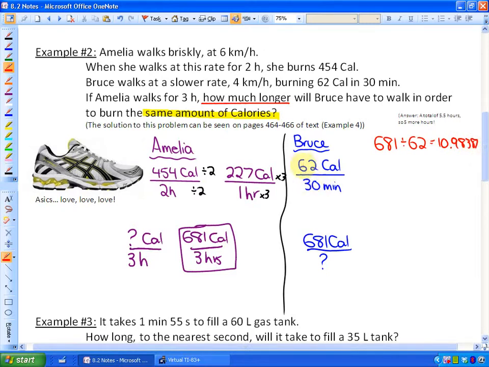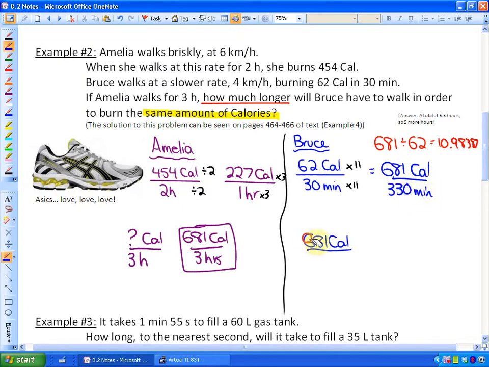So if I know that 62 goes into 681 about 11 times, then it's going to take 11 times longer. So I could multiply this by 11, or 10.98387, and that would give me roughly 681 calories, and that's 330 minutes.